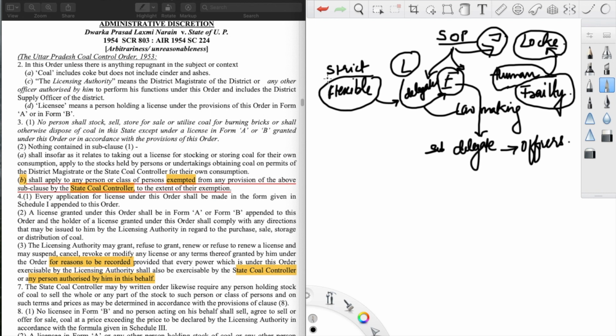However, we also studied that we do not follow the stricter version of the separation of powers.